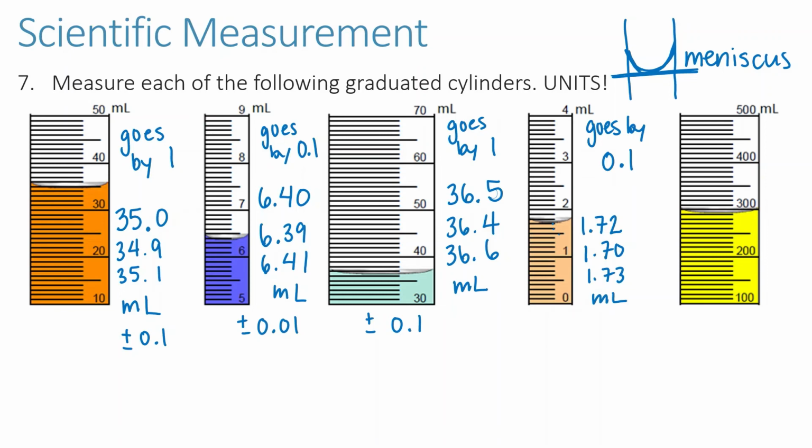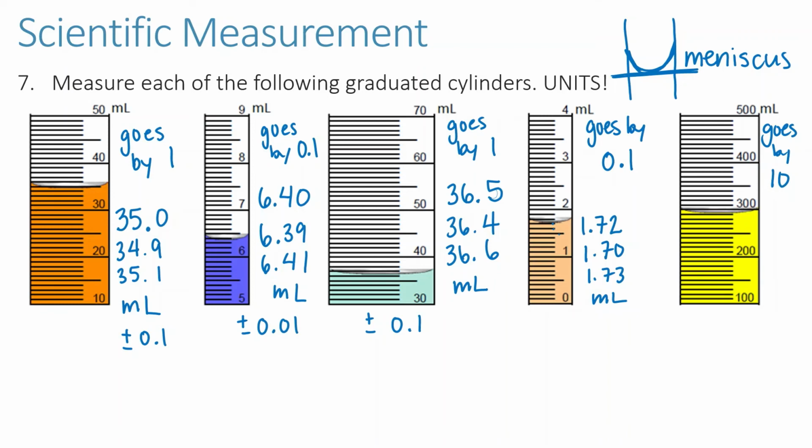Okay, the last one here. This one is a little bit tricky. Let's think about what it goes by first. If this is 100 and this is 200, each of these tick marks must be 10. So this is 100, 110, 120, 130, 140, 150. So this goes by 10. This means that I will know the hundreds and the tens place, and I'm going to guess the ones place.